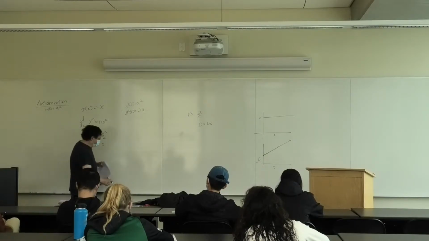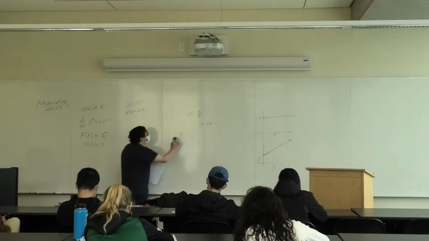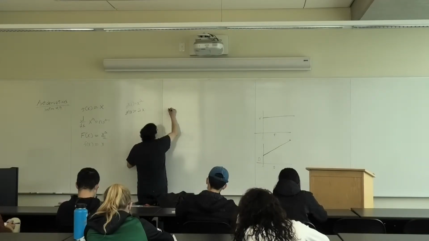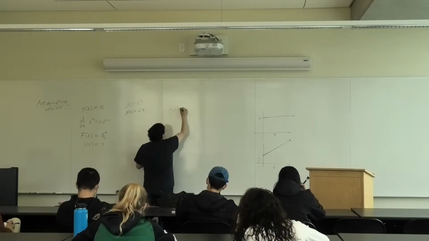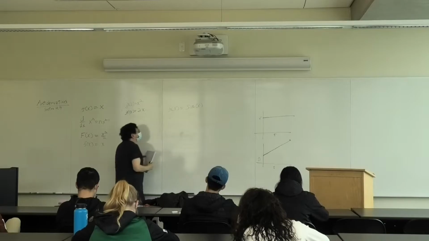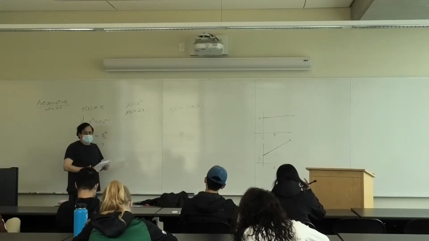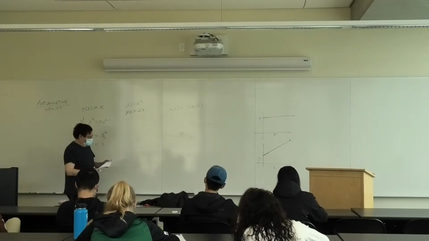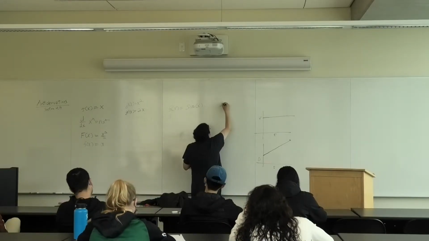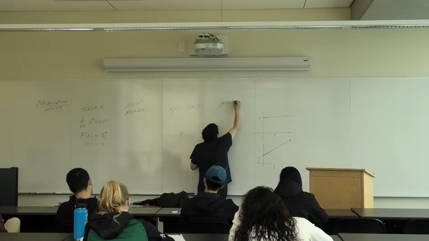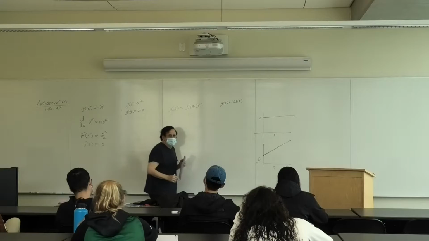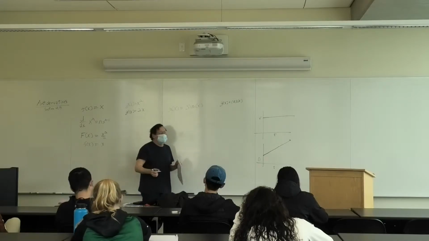All right, let's take another example. We have the function sine of x, and we want to find its antiderivative. Well, again, an obvious candidate is cosine of x. At least that's a good guess to start with.